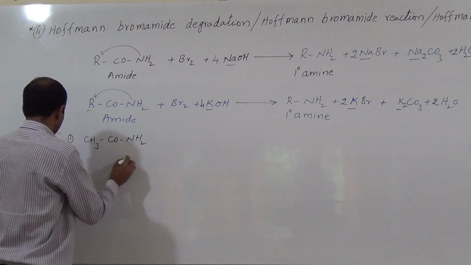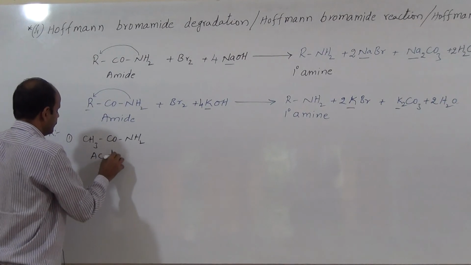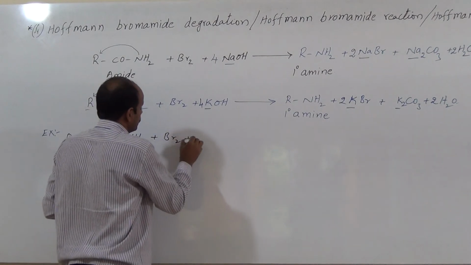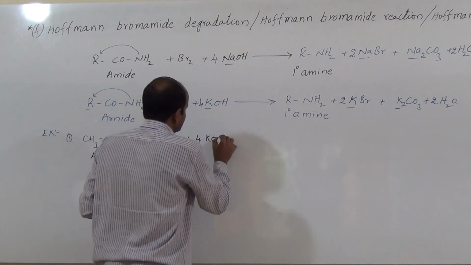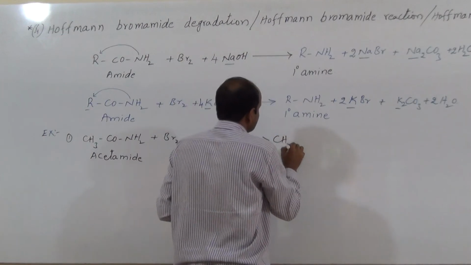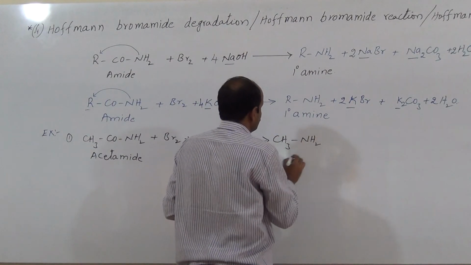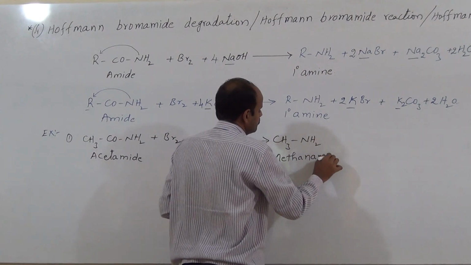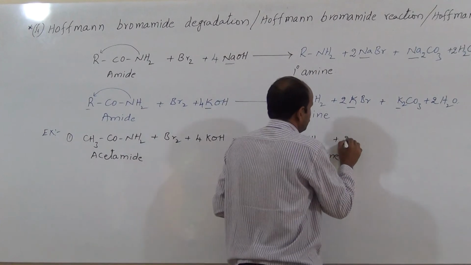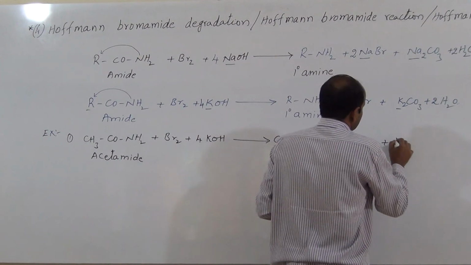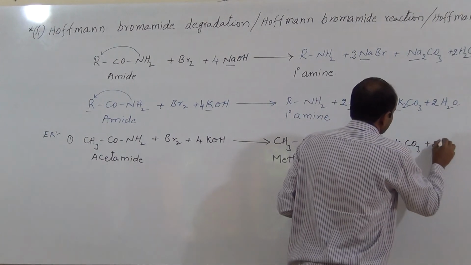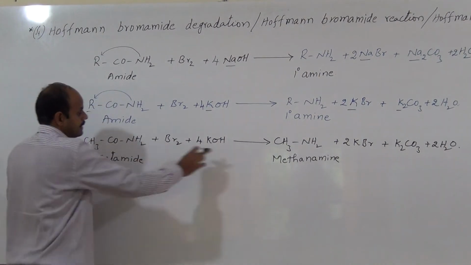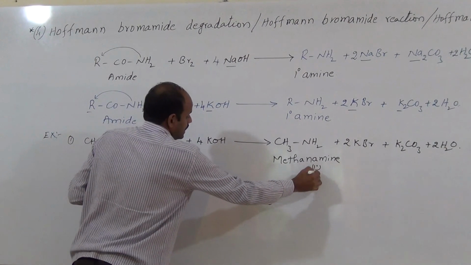CH3CONH2, this is acetamide, reacts with bromine in the presence of potassium hydroxide, then we get CH3NH2, this is methanamine, and we get KBr, potassium bromide, potassium carbonate, and water. Here amide is converted into primary amine. This is the primary amine.